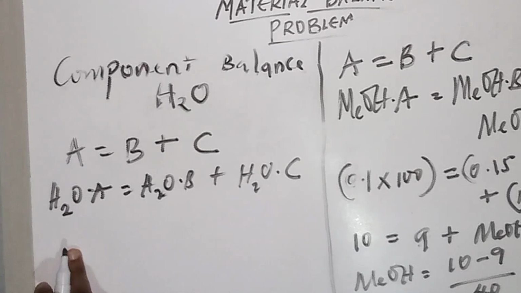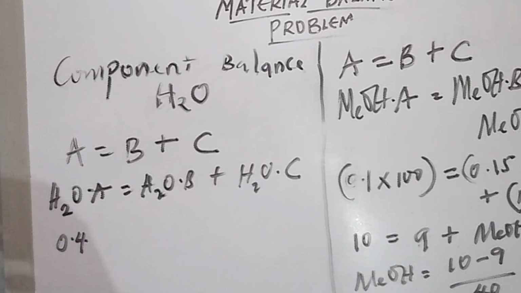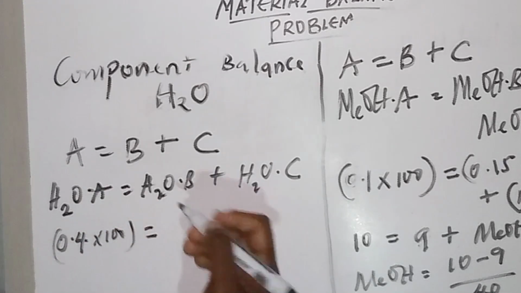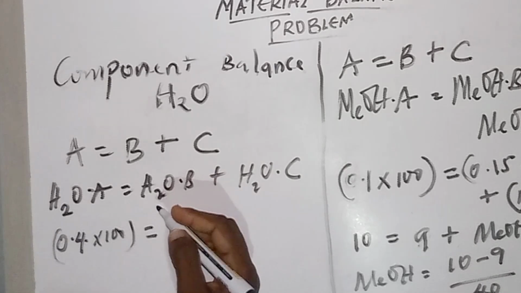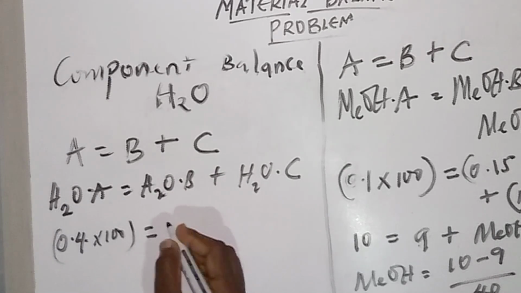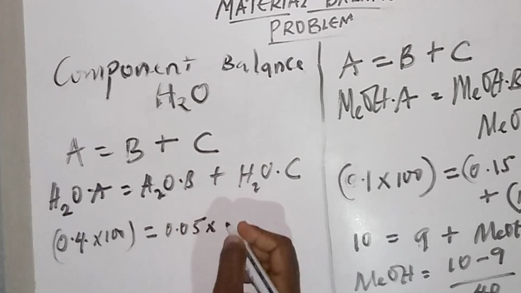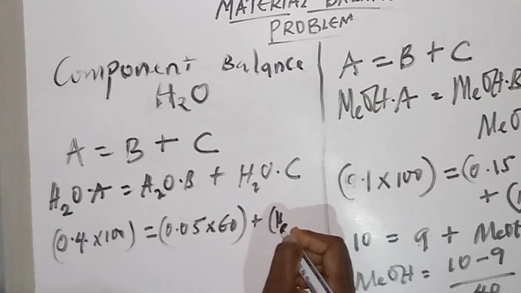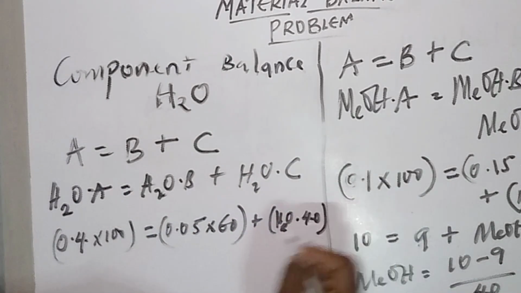So 40 divided by 100 is 0.4, multiplied by the mass of A, which is 100, is equal to the composition of water in B, which is 5%. So 5 divided by 100 is 0.05, multiplied by the mass of B, which is 60, plus H2O, which is what we are asked to find, multiplied by the mass of C, which is 40.